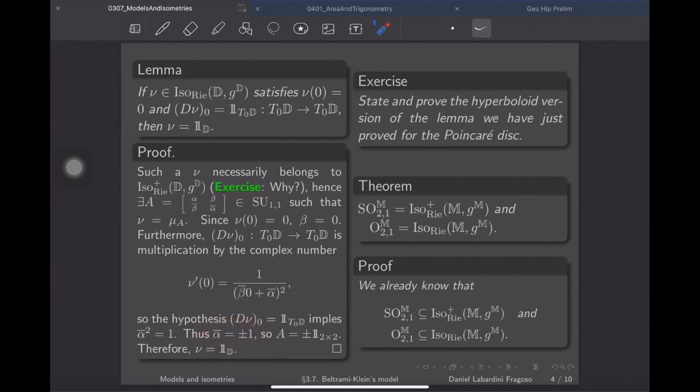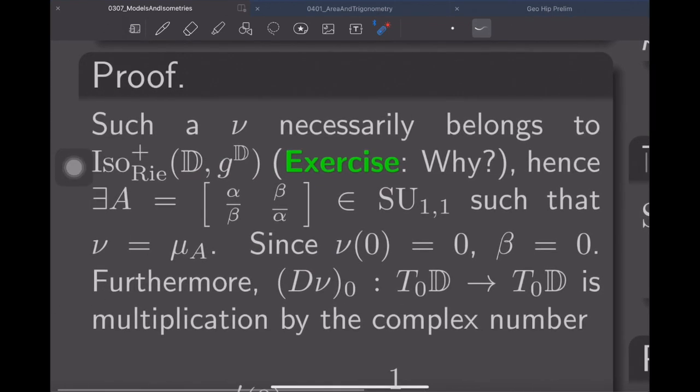Right? So this means that here in this matrix I have beta equal to 0 and this equal to plus or minus 1. So this one is also equal to plus or minus 1. So this is how it looks. Okay, but in either case, even if what I have here is -1, the Mobius transformation is the identity.